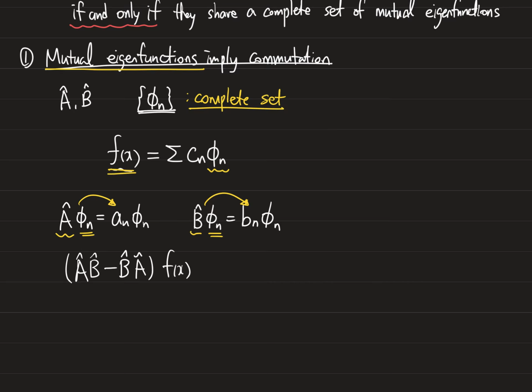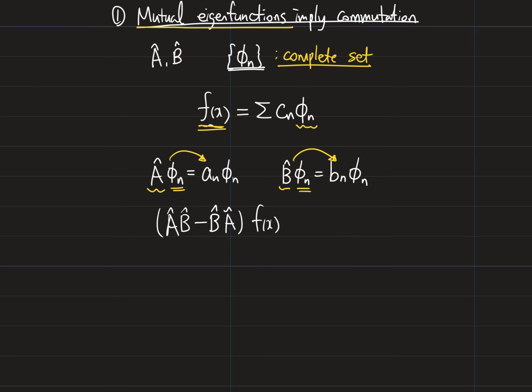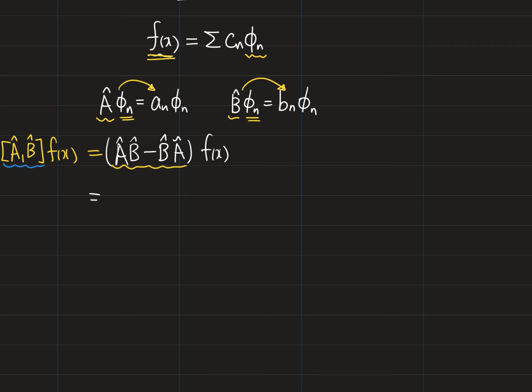You may easily realize that this is simply the definition of the commutator. This is simply the procedure to calculate the commutator of operators A and B. We want to expand the arbitrary function f(x) as the linear combination of the complete set Pn. So A hat, B hat.